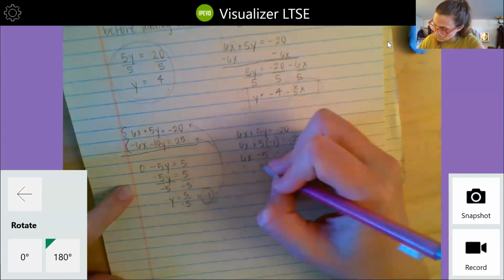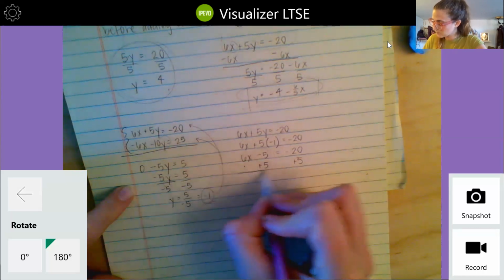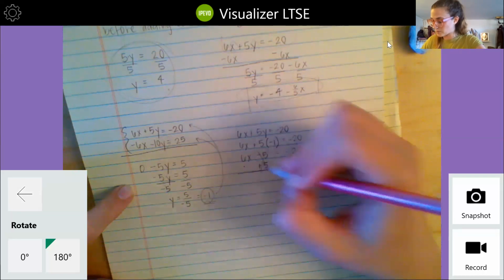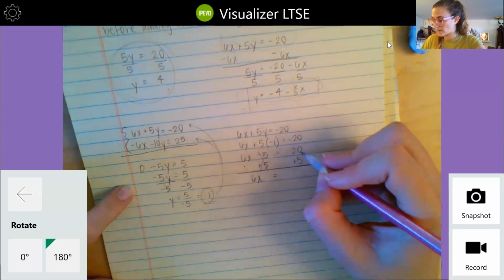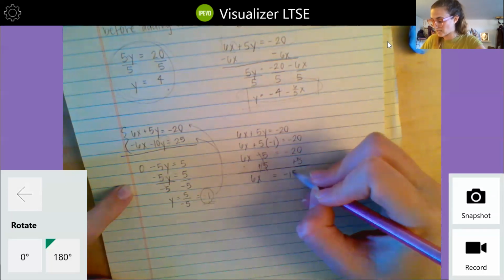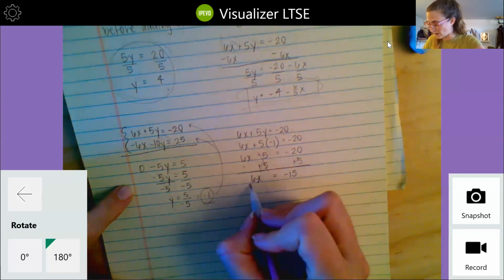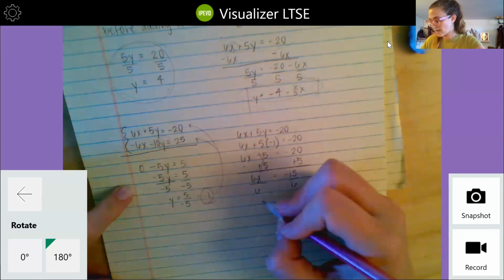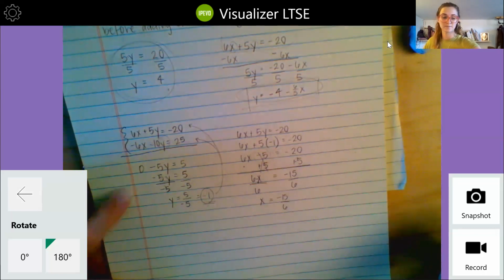So I just add 5 here, which means I add 5 there. I added 5 on this side so that they would cancel out. So this ends up to be 0, and I'm left with just 6x equals -20 plus 5. -20 plus 5 is -15. And now I need to undo this multiplication. So I divide by 6 over here, divide by 6 over here, and x is equal to -15 over 6.